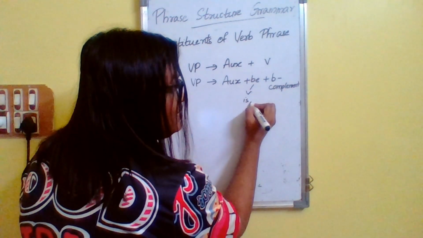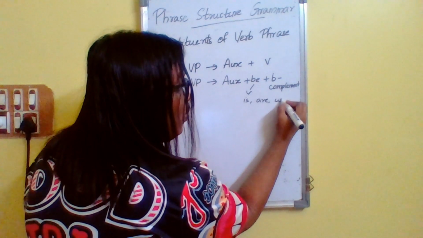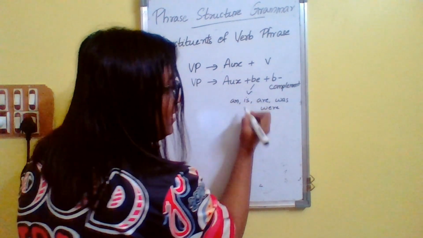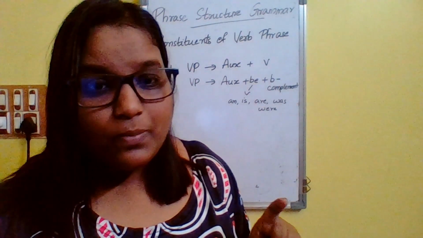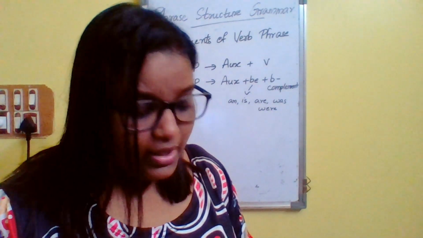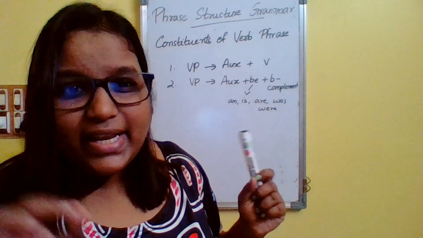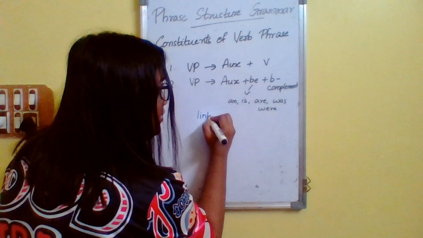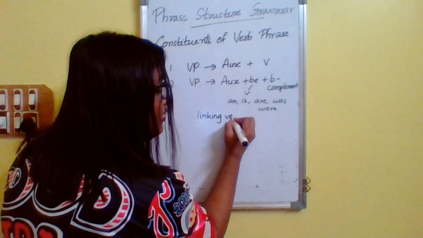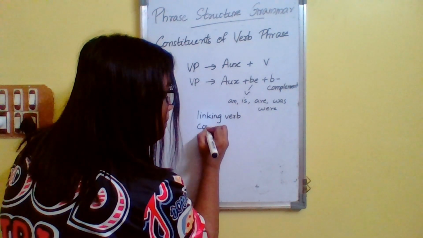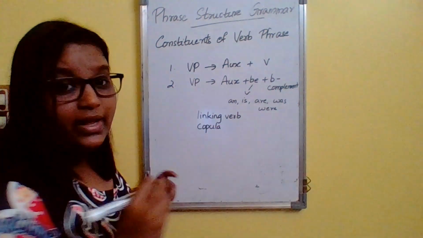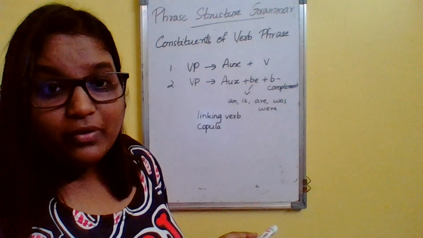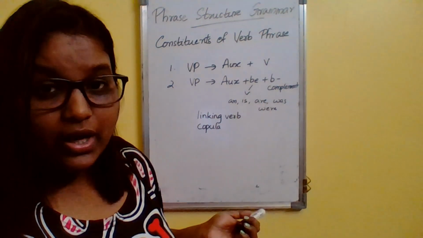It can be is, are, was, were, am, etc. So it can be different forms of be. This particular be is called a linking verb. It's also called a copula. So this particular form of be is called a linking word or a copula.